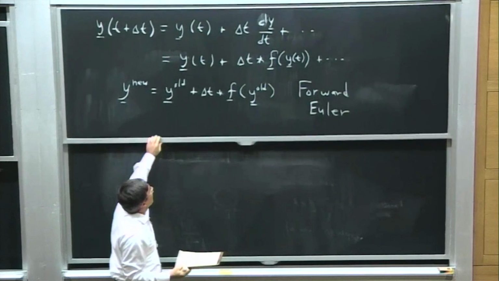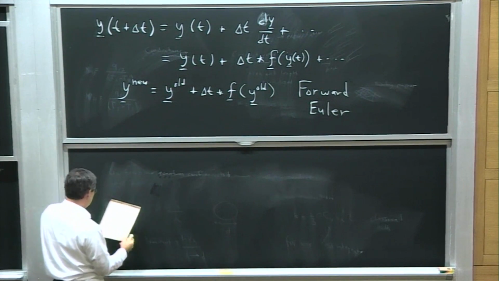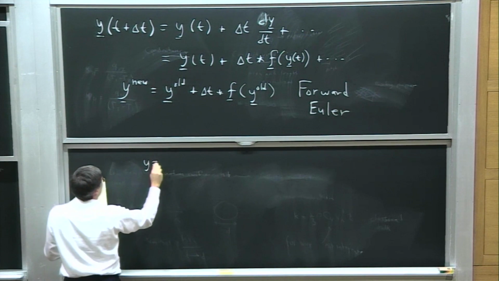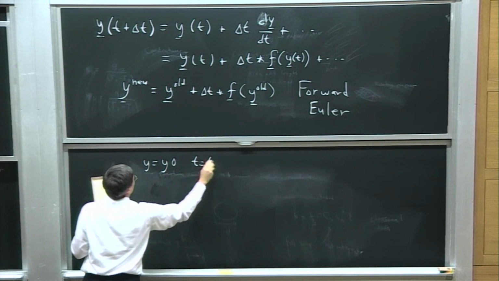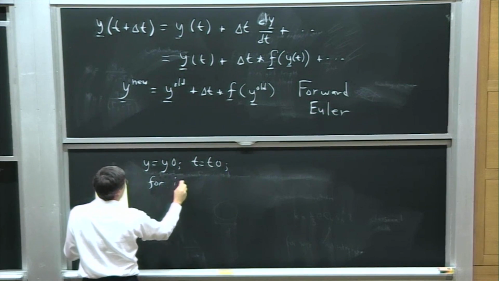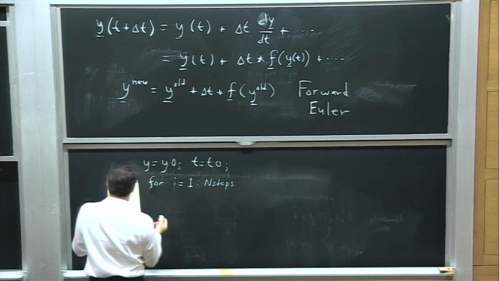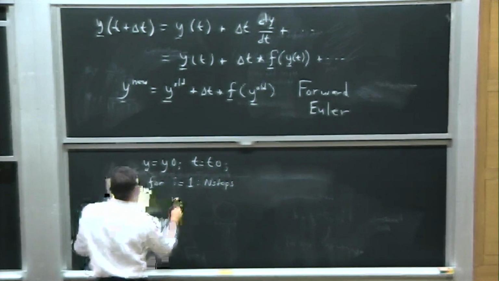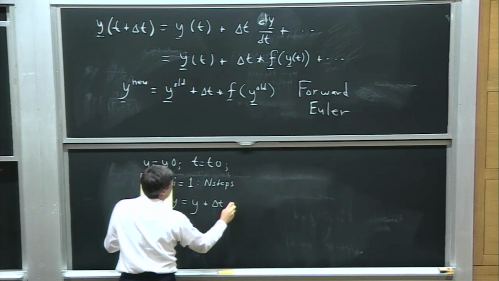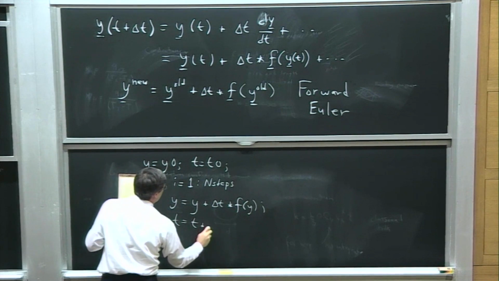And we can write a little implementation of this pretty easily. So you can write y is equal to y naught, t is equal to t naught, for i equals 1 to the number of steps. y is equal to y plus delta t times f, t is equal to t plus delta t.